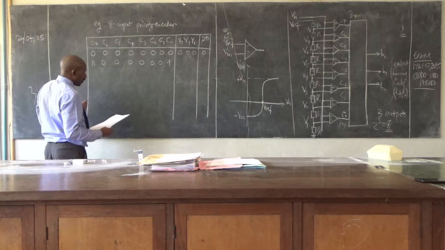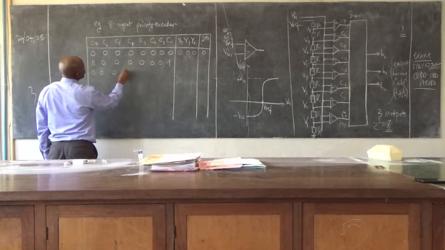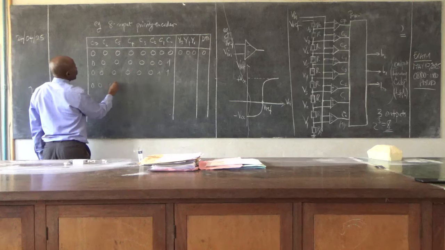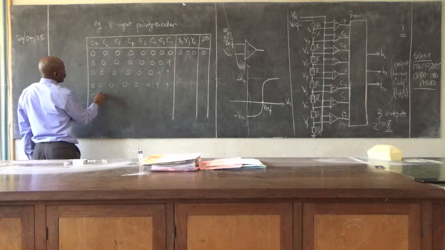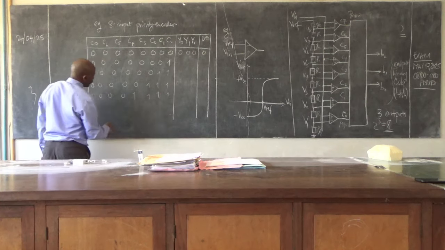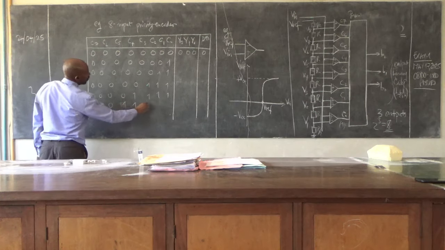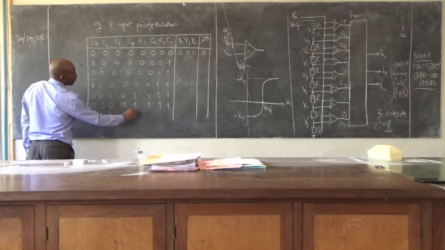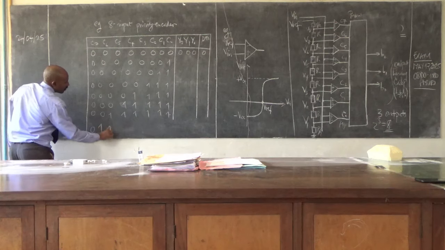So 0, 0, 0, 0, 0, 0, 0, 1, 1, 0, 0, 0, 0, 0, 1, 1, 1, 0, 0, 0, 0, 1, 1, 1, 1, 0, 0, 0, 0, 1, 1, 1, 1, 1, 0, 0, 1, 1, 1, 1, 1, 1, then 0, 1, 1, 1, 1, 1.